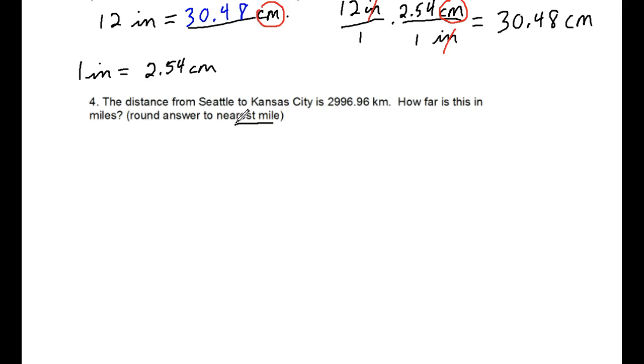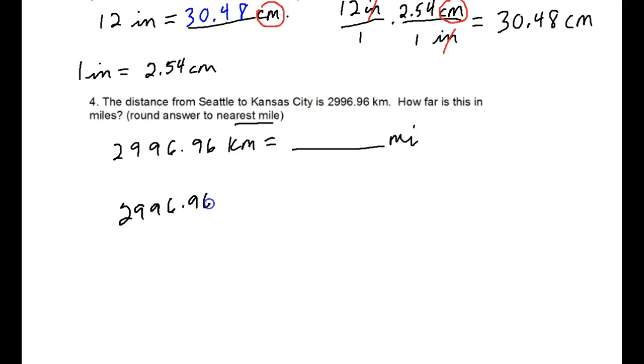Okay, so we're starting with 2996.96 kilometers, and we want to see how many miles that is. I'm going to start off with my starting amount. I'm going to multiply it by a conversion factor that changes from kilometers to miles.